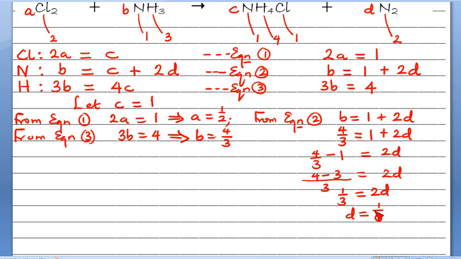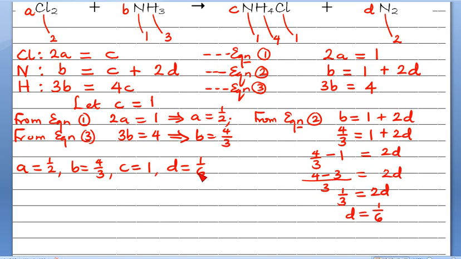Alright, let's summarize our findings. We got A to be half there. Then we got B to be 4 over 3, and then C, we assumed C is 1, and then we got D finally to be 1 over 6. Okay, now we're going to find the LCM of the denominators, the 2, 3, 1, 6.